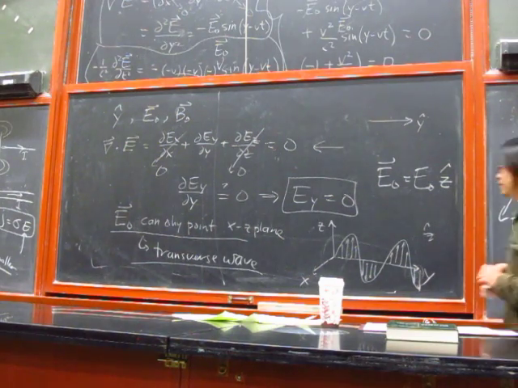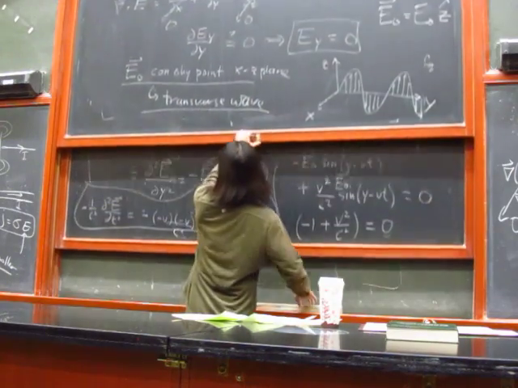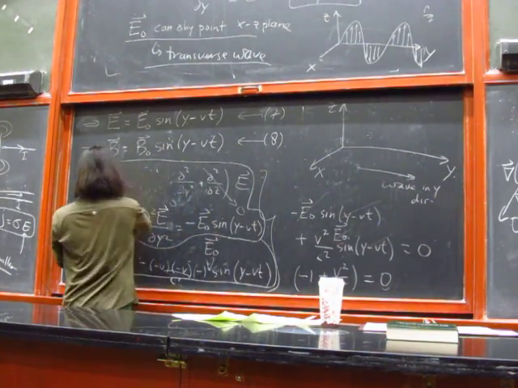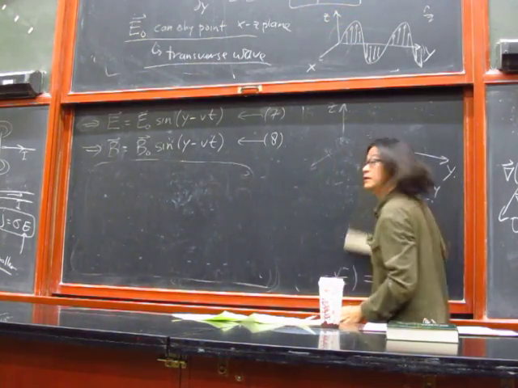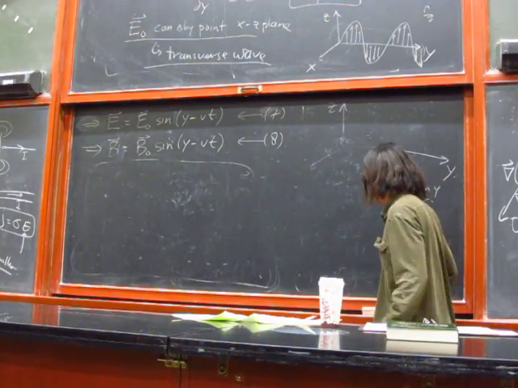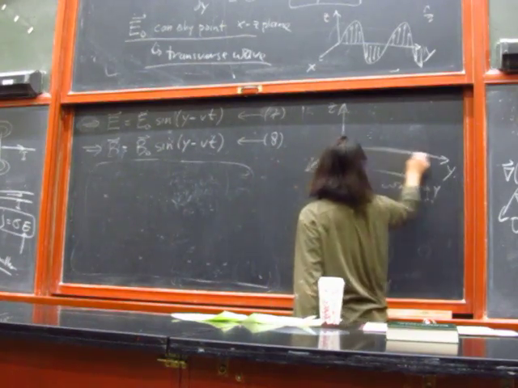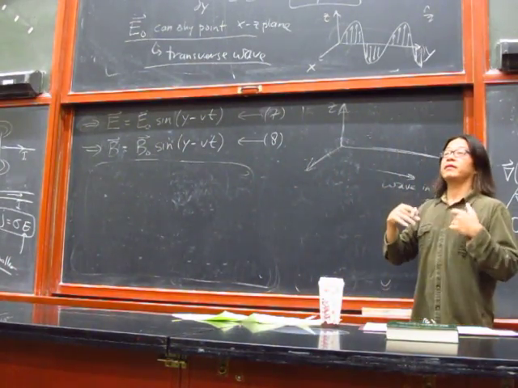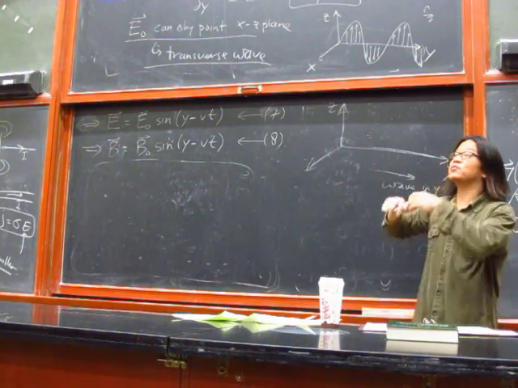Okay. So what's the condition of B? How do you know that it's in the z direction, not in the x direction? Oh, I just happen to choose a particular linear polarization, say, without loss of generality.